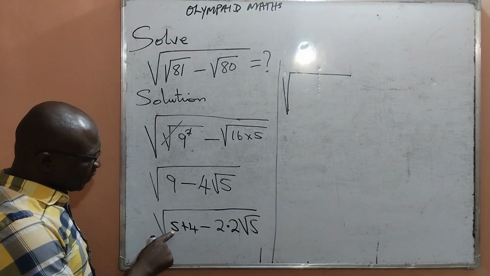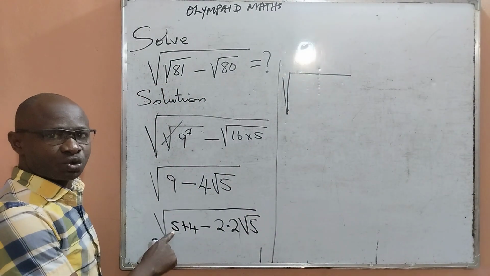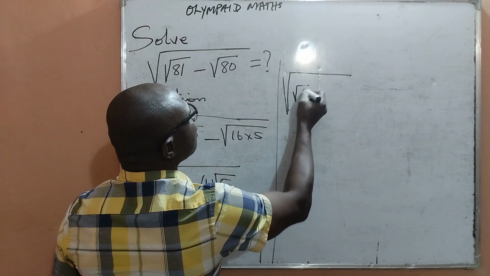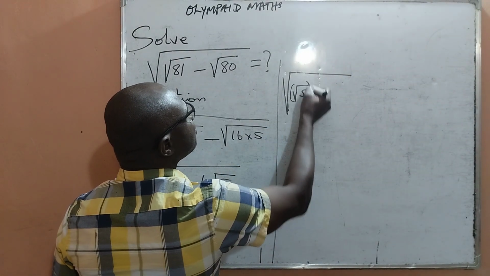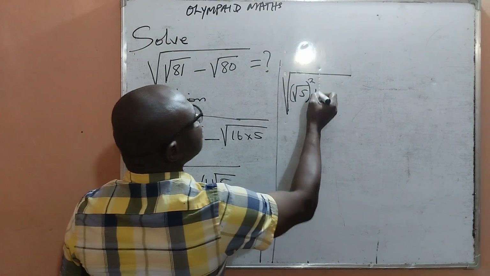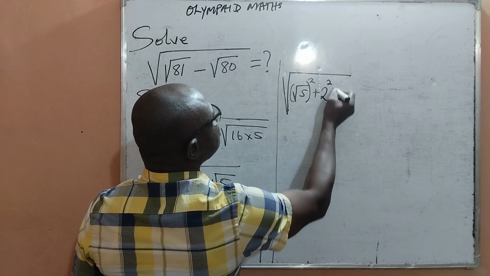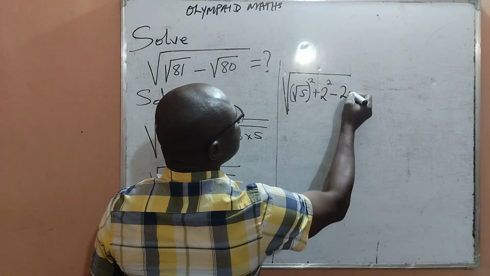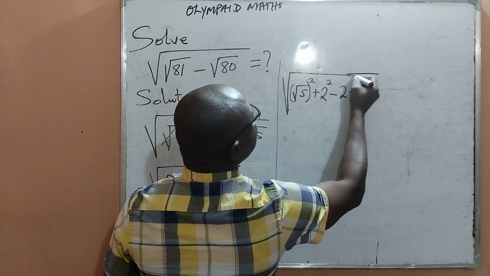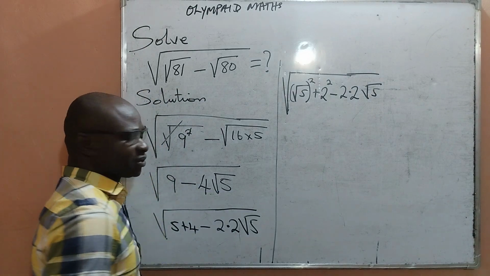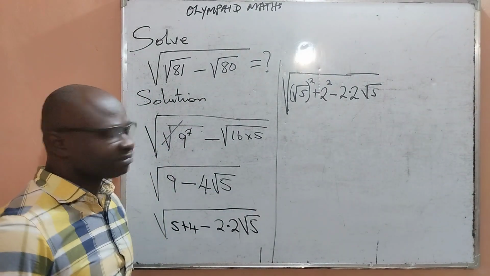Now, also 5 can be put in square root form, and that means the square root of 5 all raised to the power 2 is still 5. And 4 is the same thing as 2 raised to the power 2. Then minus 2 multiplied by 2, then multiplied by the square root of 5. Good. That is our target.